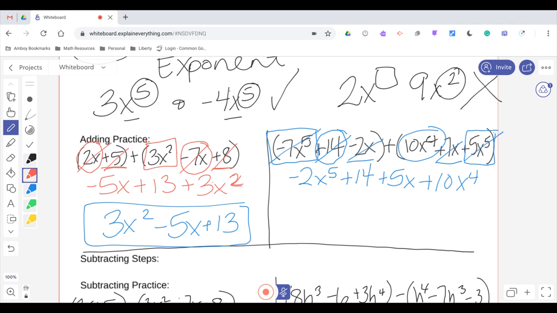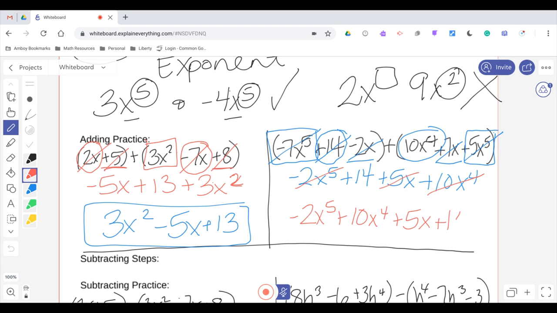I don't see any of the same exponent that I can still combine, but I do want to make sure my answer is in standard form. So I'm going to start with that negative 2x to the fifth. The next lowest exponent is 10x to the fourth. Then I have 5x, and all of this is positive, so that's nice.